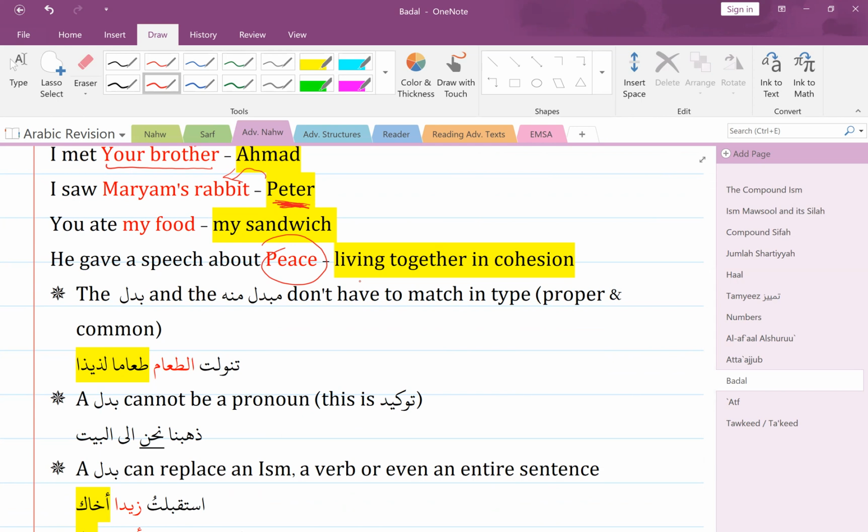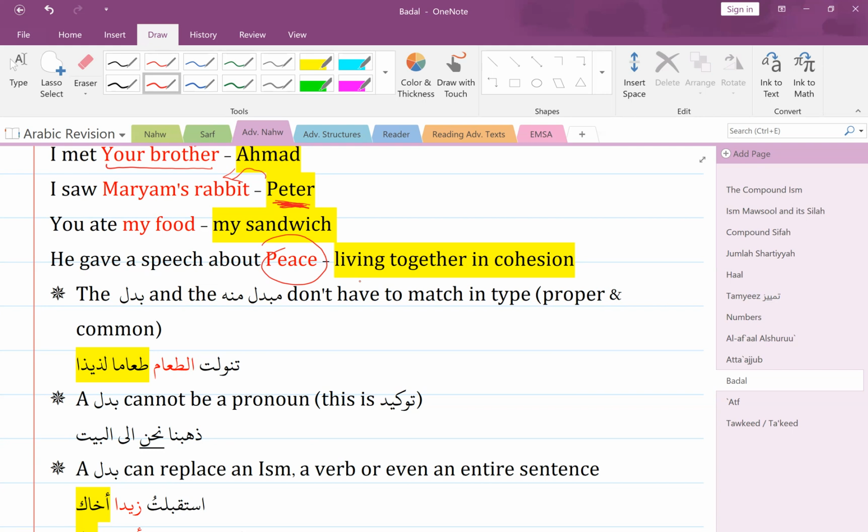Now, one important thing is that the badal and the mubdal minhu don't have to match in type. Remember we said there are 4 properties to an ism: status, gender, number, and type. These others can match, but type, it doesn't have to match. So you can have mubdal minhu, the thing being replaced, be proper, and the badal itself be common. That can happen.